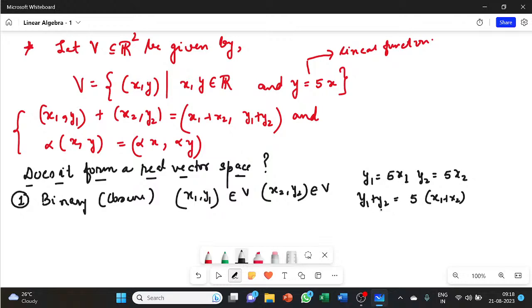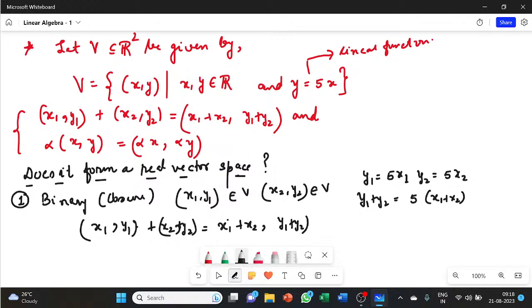Right? So y1 plus y2 would be 5 times (x1 plus x2), isn't it? And if I add them up, (x1, y1) plus (x2, y2), I will get (x1 plus x2, y1 plus y2), isn't it?